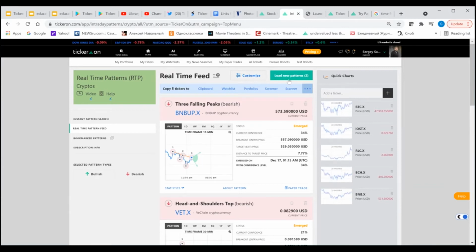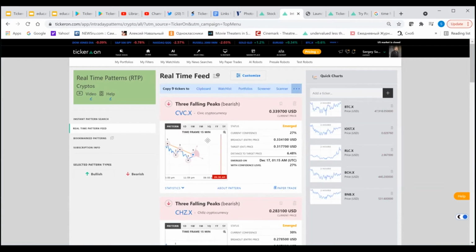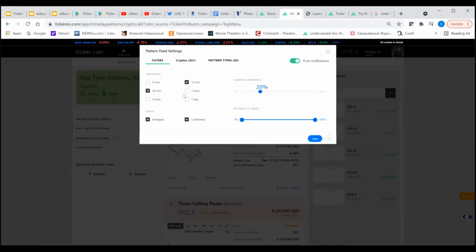You see, load new patterns. You click here and this is going to be updated. So how to customize that? You go here, and as you can see, it was set to 15 minutes. If you want more frequent, you choose 5 minutes, or if you want less frequent time frames, you do like that, 30 minutes, and let's say 1 hour fluctuation is going to be reflected.